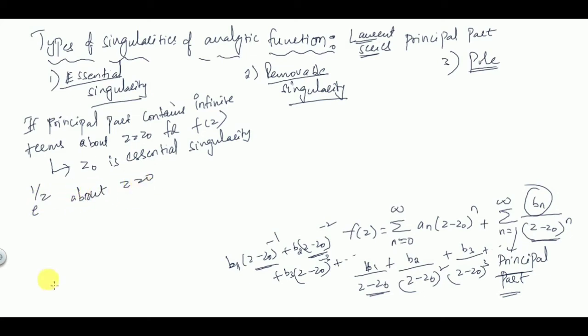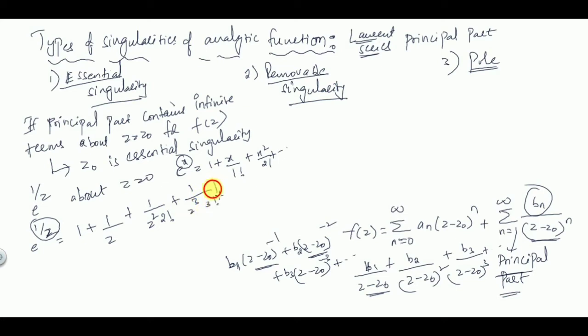If you have e power 1 by z, the expansion is, we know that e power x expansion is 1 plus x by 1 factorial plus x square by 2 factorial plus so on. So for e power 1 by z, in the place of x you now have 1 by z. So 1 plus (1 by z) by 1 factorial plus 1 by (z square into 2 factorial) plus 1 by (z cube into 3 factorial) plus so on.